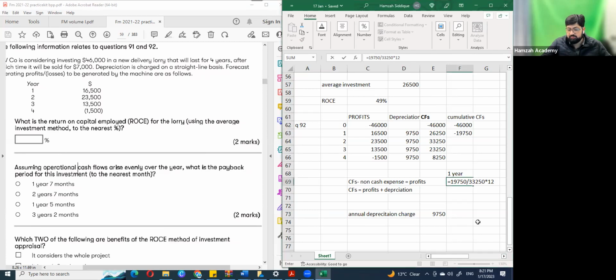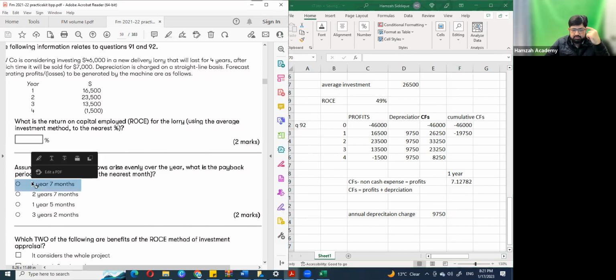Into 12, 12 months in a year. So it is 1 year and 7 months. 1 year and 7 months.